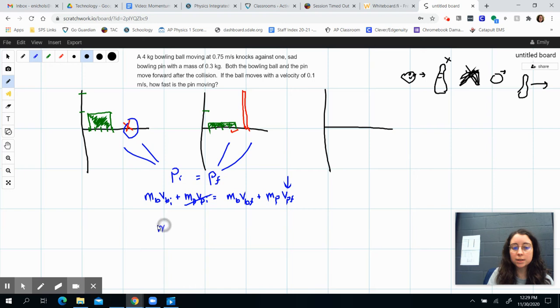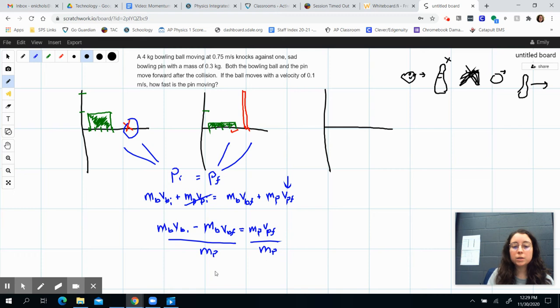So we'll say M_B V_BI minus M_B V_BF equals M_P V_P final. Now the velocity we're looking for is multiplied by mass, so we're going to get rid of that by dividing that mass away. We'll do the same on both sides.